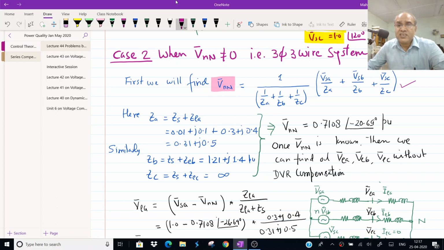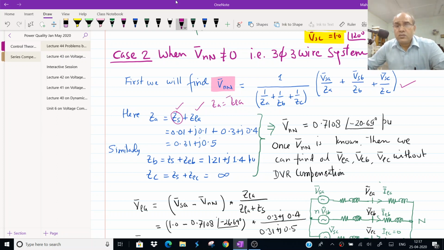Where ZA is the sum of ZS plus ZLA, because this is the total impedance in phase A. In the book, I have not considered this ZS. We have taken ZA as ZLA. This is an approximation, but you can overrule the approximation.